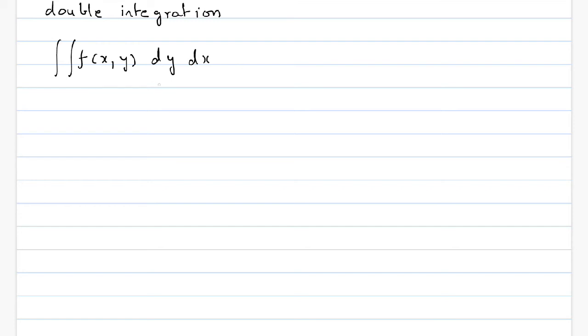I have written dy dx, you can write dx dy as well, but I am integrating this particular term first. So when I am integrating this term, the limits on this integration sign should be limits of y, and this integration sign should have limits of x because I am going to integrate it later on.